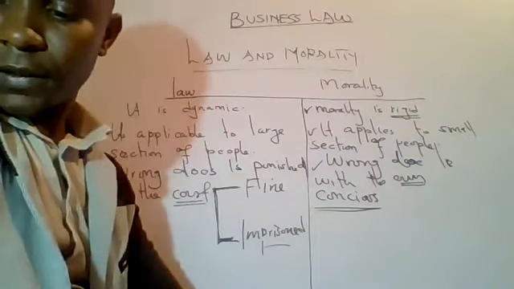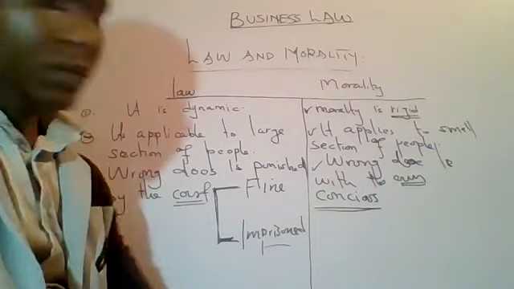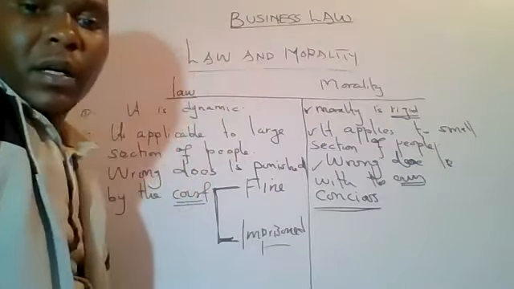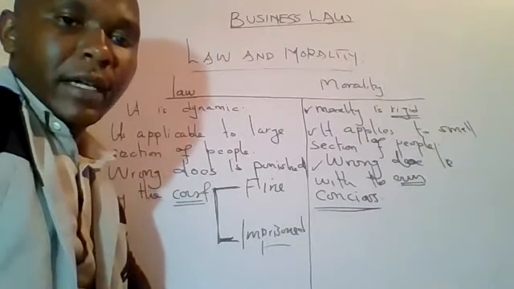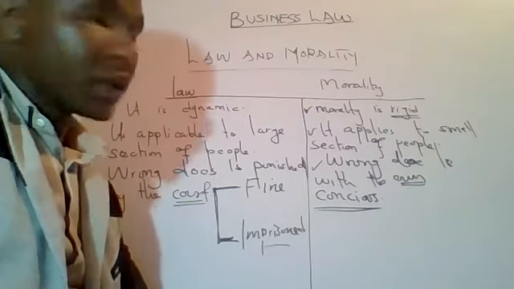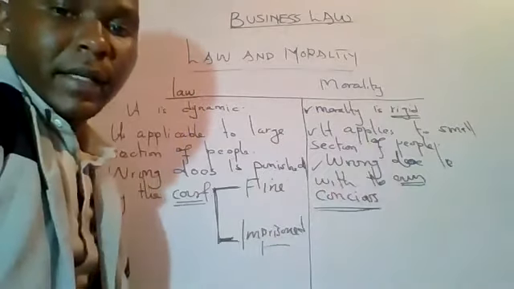So hizo ni different. So hizo ni at least 3 different. Ukiulizwa 6 marks, utakuwa in a position to get that 3 marks hapa na 3 marks hapa upate nini? 6 marks.